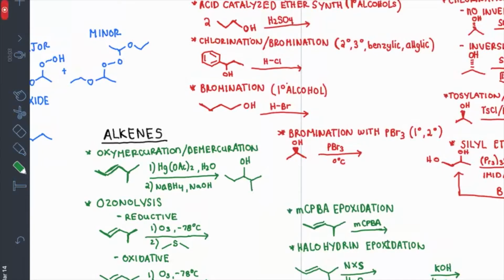For ozonolysis, we remember that this is essentially just the cut in half method, but there are two different types of ozonolysis we've learned. There is the reductive ozonolysis, which involves dimethyl sulfide, and what we get is essentially aldehydes and ketones.